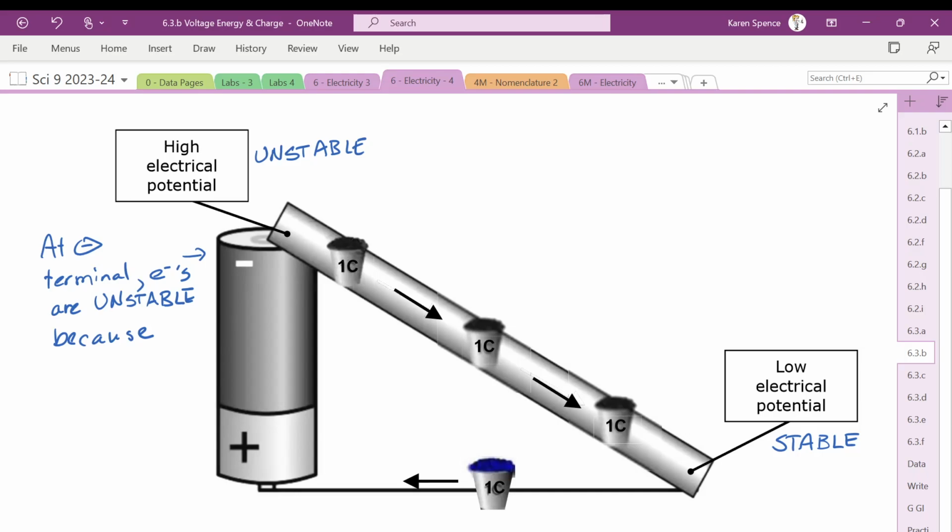Because like the two negative charges repel each other. Yeah, and what has happened in the battery that's making the two negative charges repel each other? What's actually physically happened in the battery?